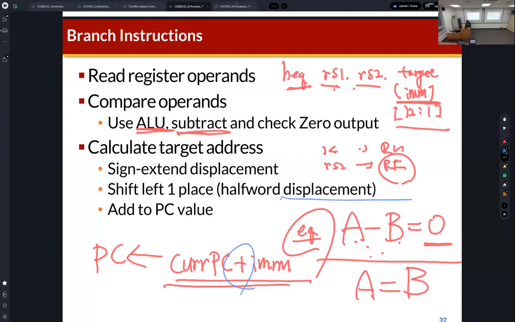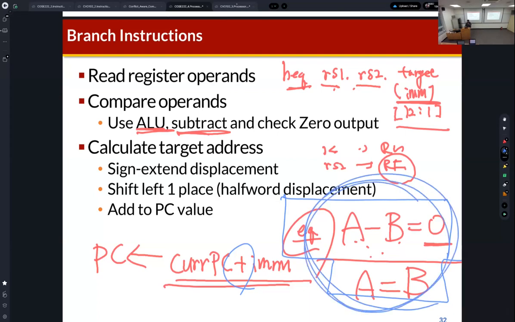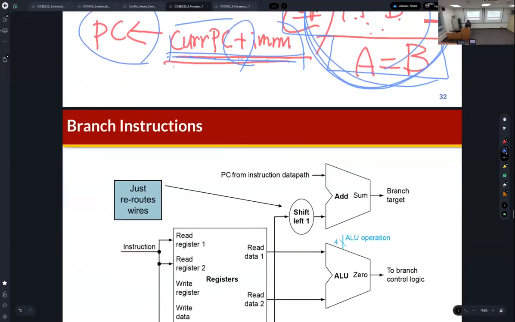Because we already use the ALU for this operation, A minus B. So in this case, we cannot use the ALU, which means that we need an additional adder to calculate the target PC of the branch instruction, the current PC plus immediate. And then this value is updated to the program counter. So let's see how.